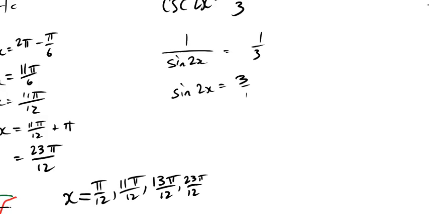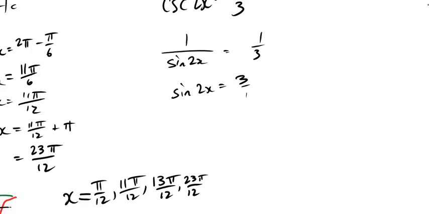Okay, so when is the sine of 2x equal to 3? Shift, so that's not one of our regular ones, so shift sine. Do that on your calculator. Somebody give me the answer. Nathan, what'd you get? Yeah, of course you got an error.